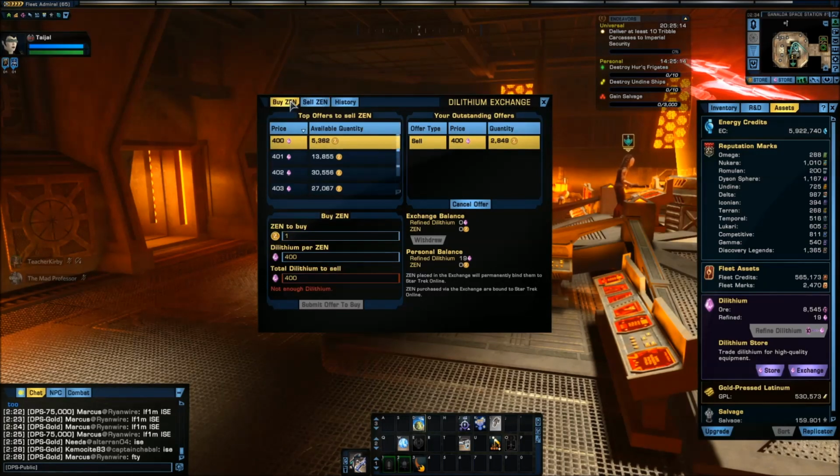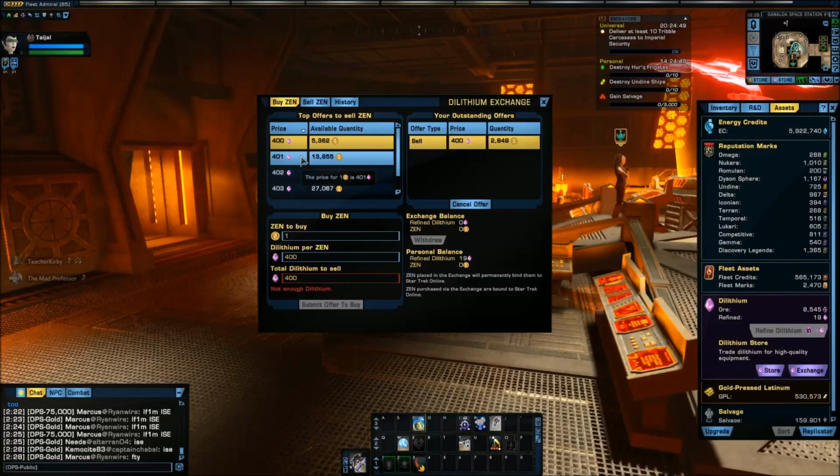But generally, if you can just keep it flipping back and forth, at 1 point difference, 2 point difference, you're going to easily continue to make Zen. And because you're at the going rate, because I could easily put it up for 401, right? Go, oh, but then you'll make 3 points.